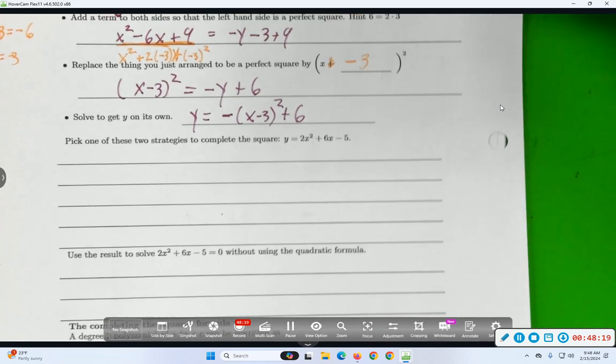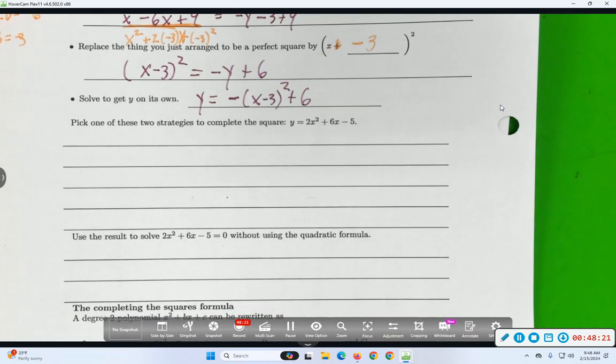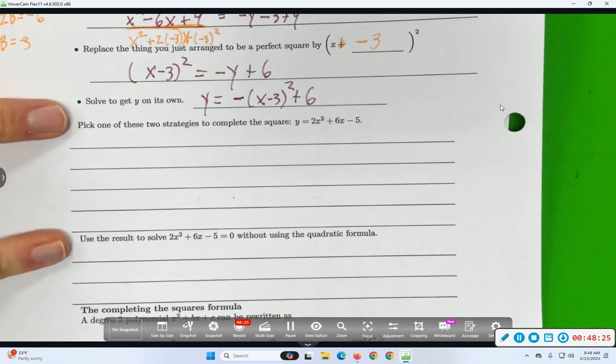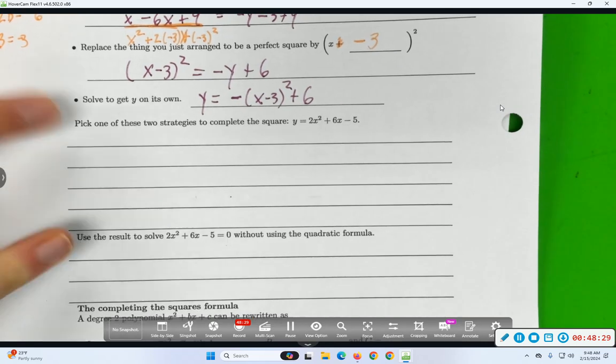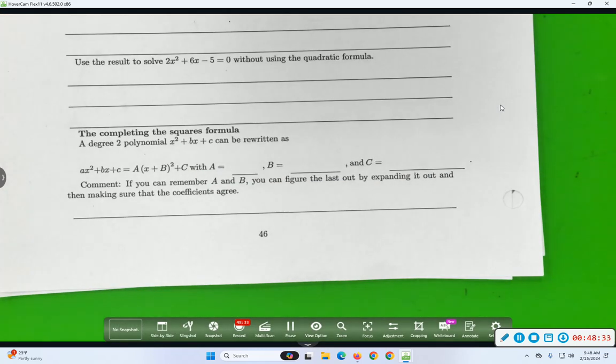So, with my 2 minutes left, I'm going to encourage you in the next 24 hours to use one of those 2 strategies here. What I'm going to close with is a thought strategy for completing the square, and that thought strategy is a formula. If you like internalizing formulas, great, internalize this formula. Here is a formula that completes the square.